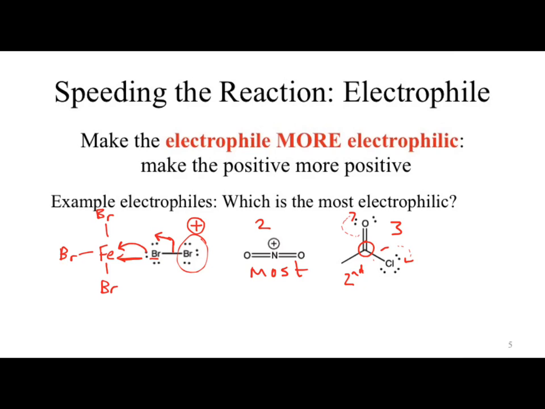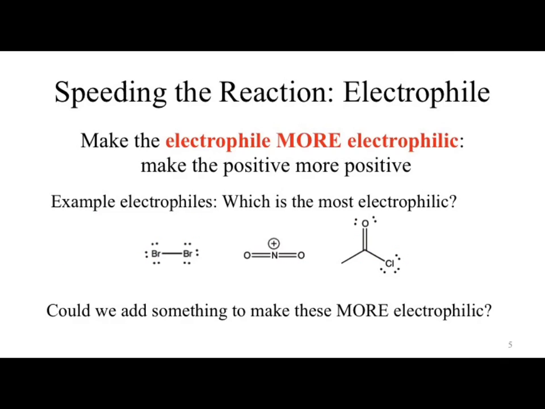Okay? So what we can end up doing is adding a secondary species that helps with the reaction, changes the mechanism slightly. What kind of a species helps a reaction go forwards? A catalyst. So when we're looking at electrophiles, what we can do is add a catalyst to help speed our reaction. And that's what we would end up adding to make them more electrophilic.